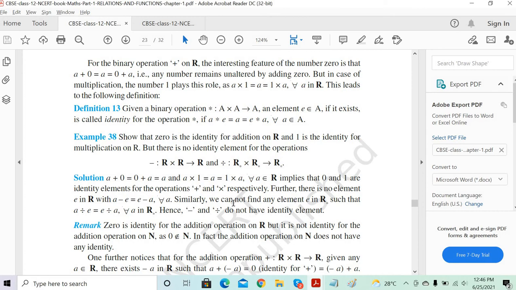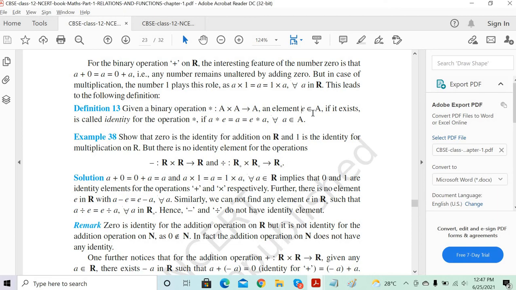Of course I understood a bit. Let's dissect it and understand properly. Given binary operation star, A cross A gives A only, so that is for set A elements: when you do something with that binary operation, you will get an element of set A only, such that E belongs to A.